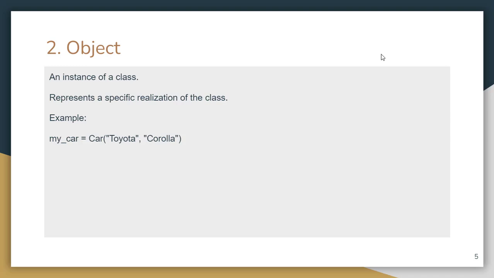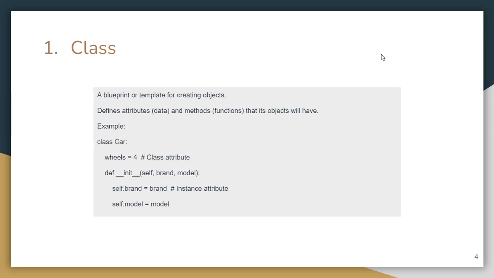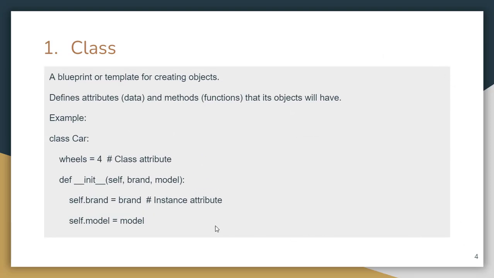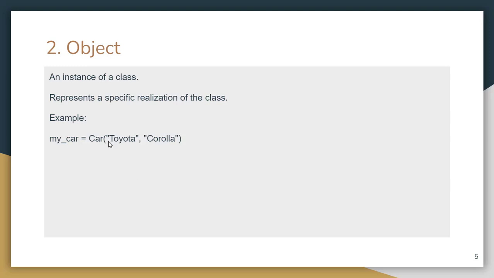I am using the previous class, where you can see brand and model. For brand I am writing Toyota, and for model Corolla. This is called creating the object. The class name is Car, and the object name is my_car.